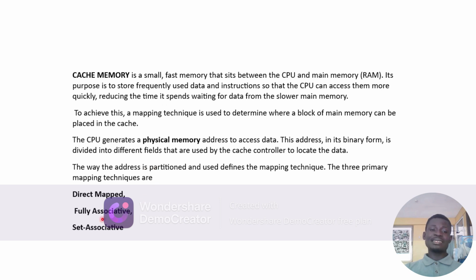We have the direct one, we have the fully associative one, then we have the set associative one. These are the ways the address is partitioned, the ways in which the mapping is partitioned. These ways are also used to define the mapping technique.